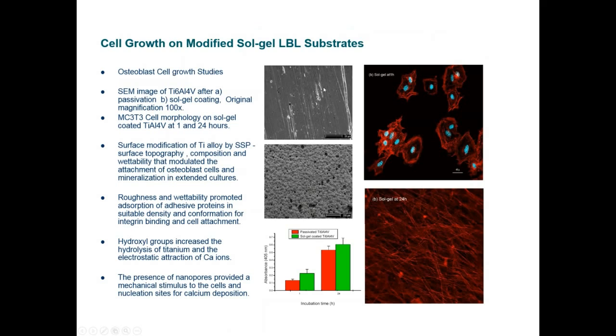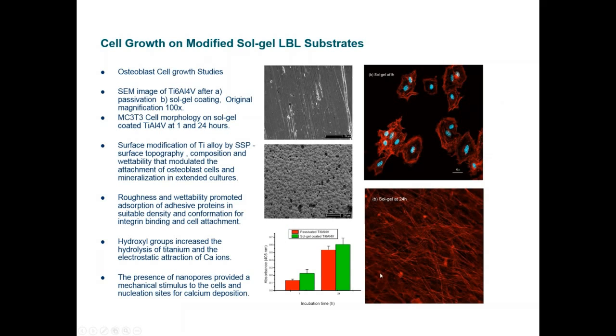So what you see here are basically titanium alloys coated with gel, producing that rough surface. And then by incubating it with fibroblast cells, we can see how the fibroblast cells grow on the surface on the first hour and then after 24 hours.